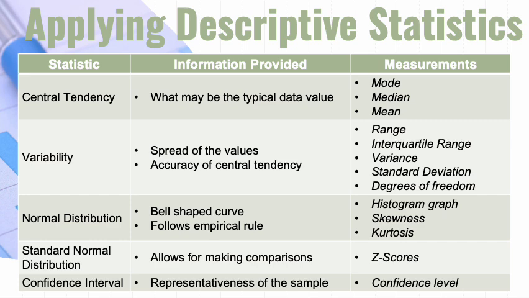Similarly, we use confidence intervals to see how representative our sample is of the population. And we are able to choose a 90, 95, or 99% confidence level of how certain we want to be that the values in our sample are representative of the values in the population.